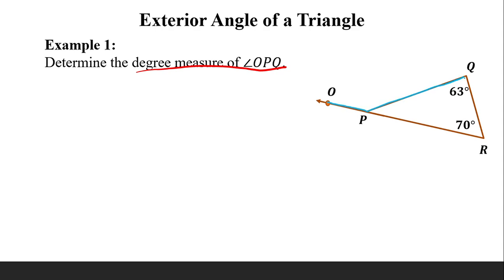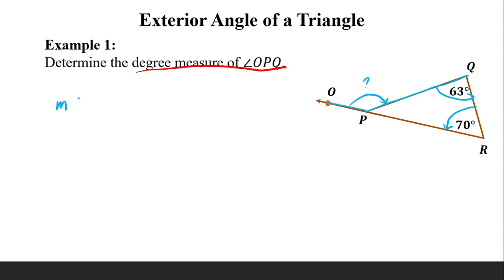This is how we illustrate angle OPQ, the angle that we need to find. So what are the two non-adjacent angles? We have angle Q and angle R.